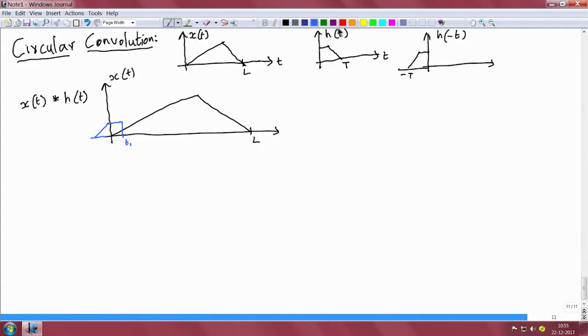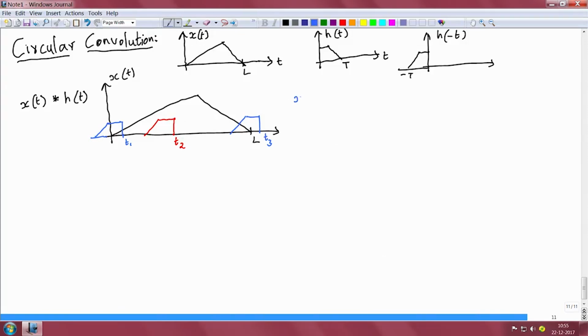Similarly, for any arbitrary shift T2, we overlap at that shift, multiply the two signals and add them. And for the shift T3, we do the same thing again. This is how we do a linear convolution.